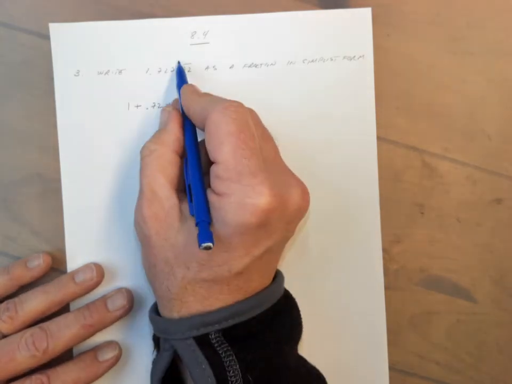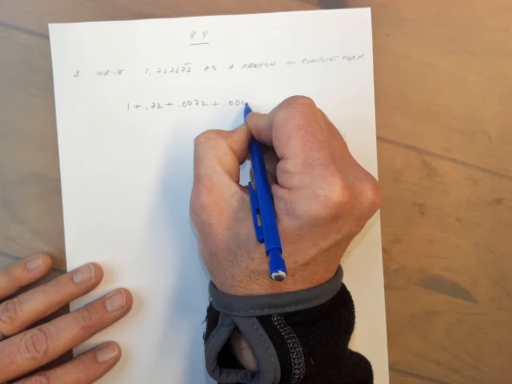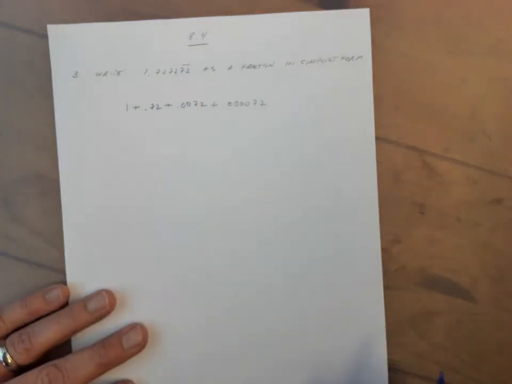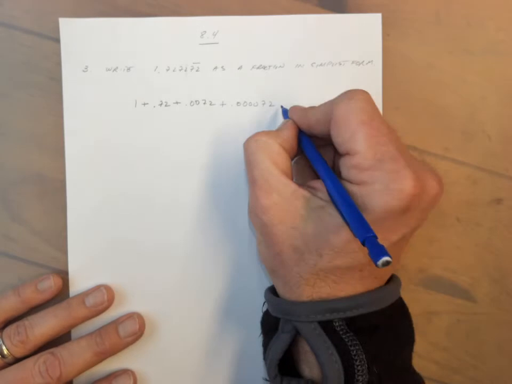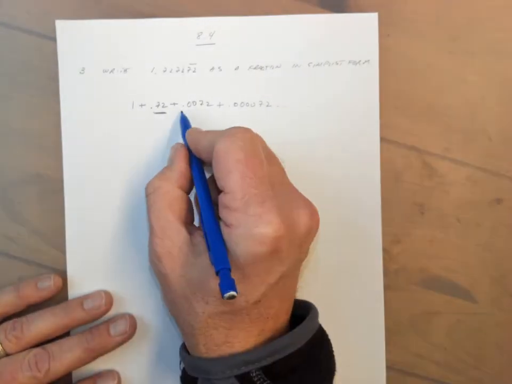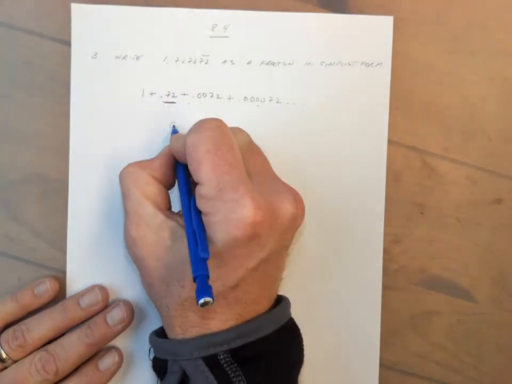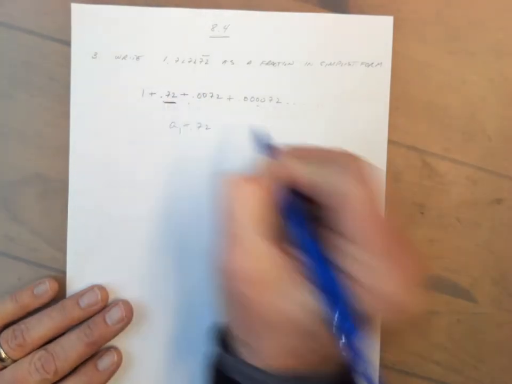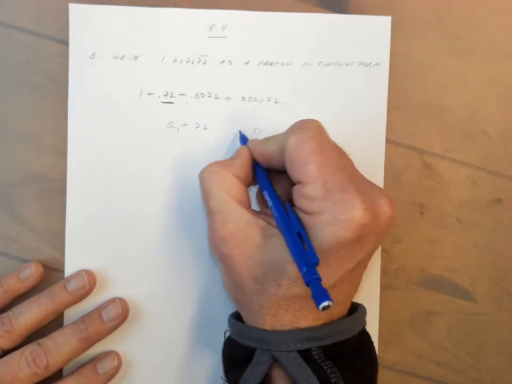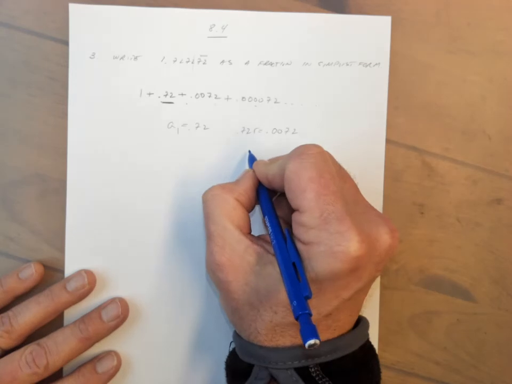If I combine those, I would have up to that point, plus now 4 zeros, 72, and because of the bar over the 72, that repeats itself. So we could continue this. And so starting with 0.72, this is an infinite geometric series, with our first term A1 being 0.72.